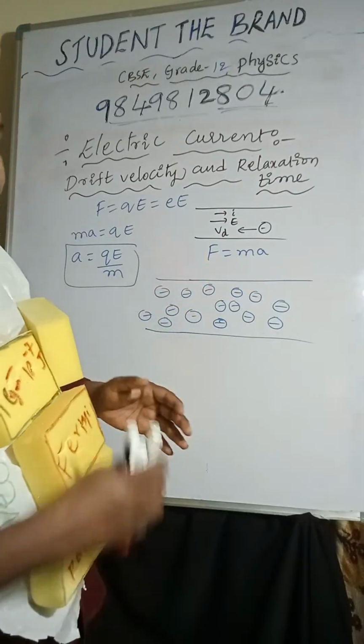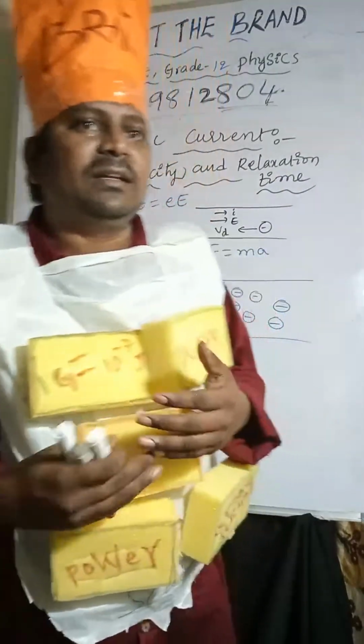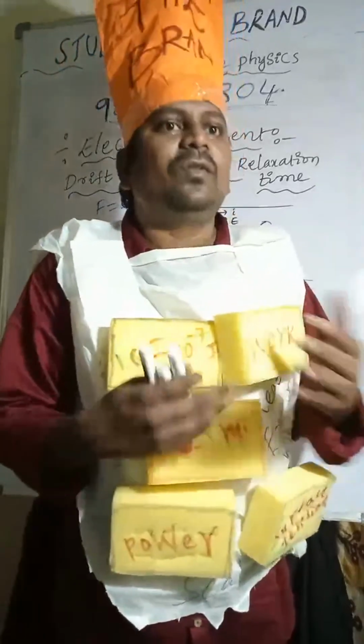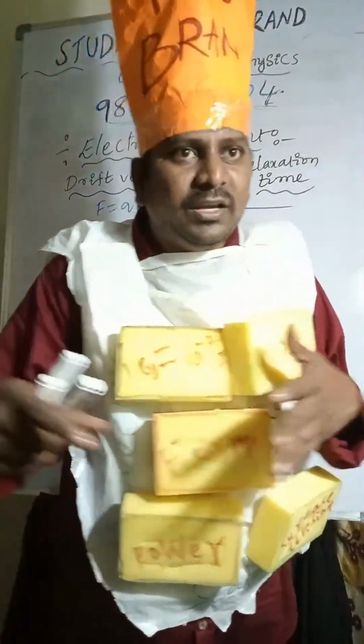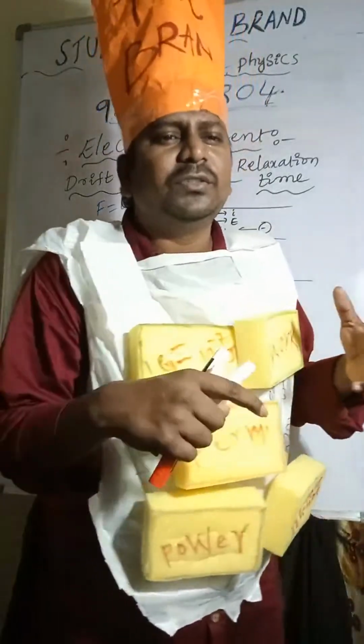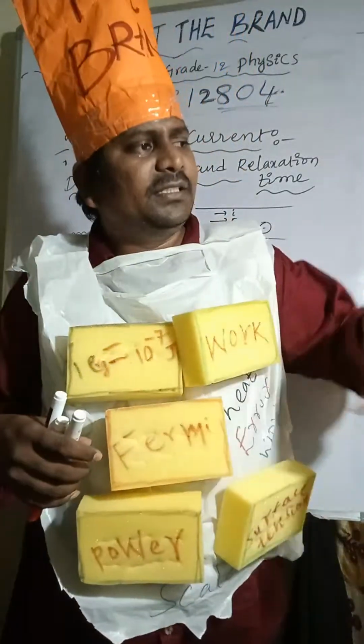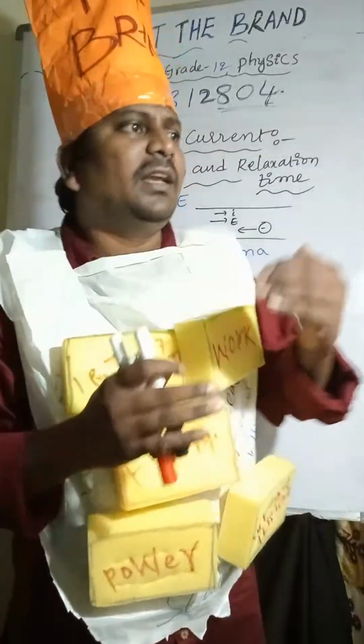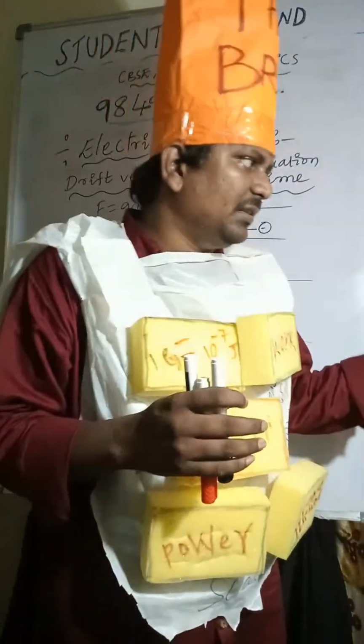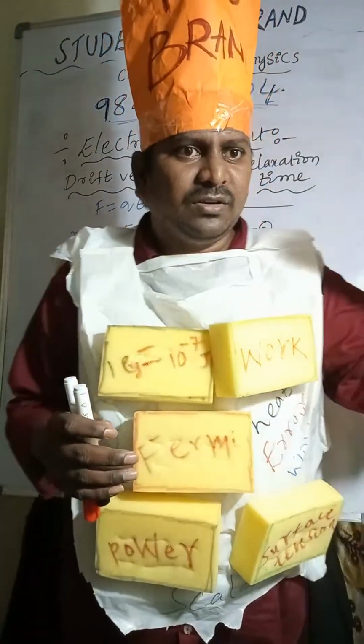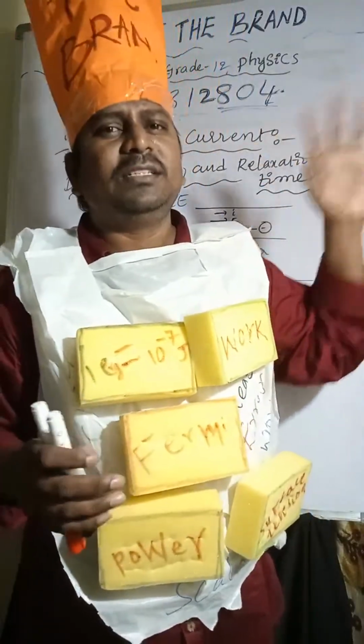So what happens when electrons are moving in the conductor? There is a collision because they are moving in a closed path. One electron will hit another electron, that electron will hit another electron, and collisions keep on taking place.